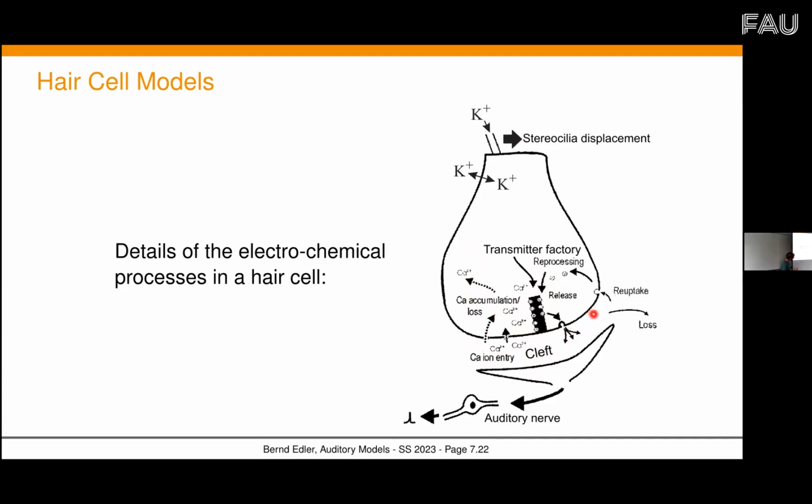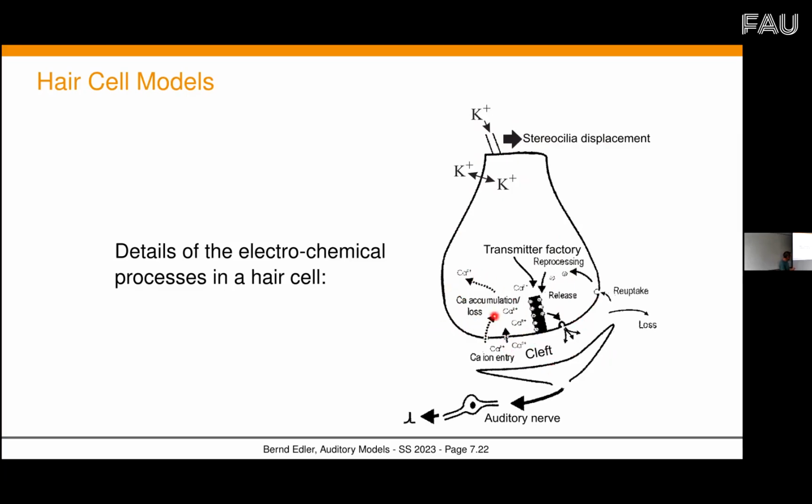Some can be, let's say, taken back into the hair cell, and some can be released from a transmitter factory. That's what it's called. And so there's some kind of dynamic process which is a bit complicated. So basically the potential here controls what happens in the lower part of the hair cell.